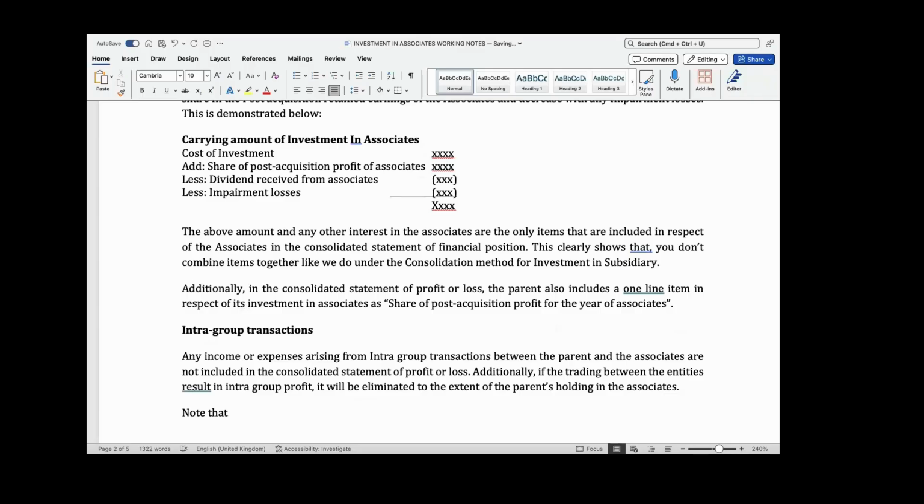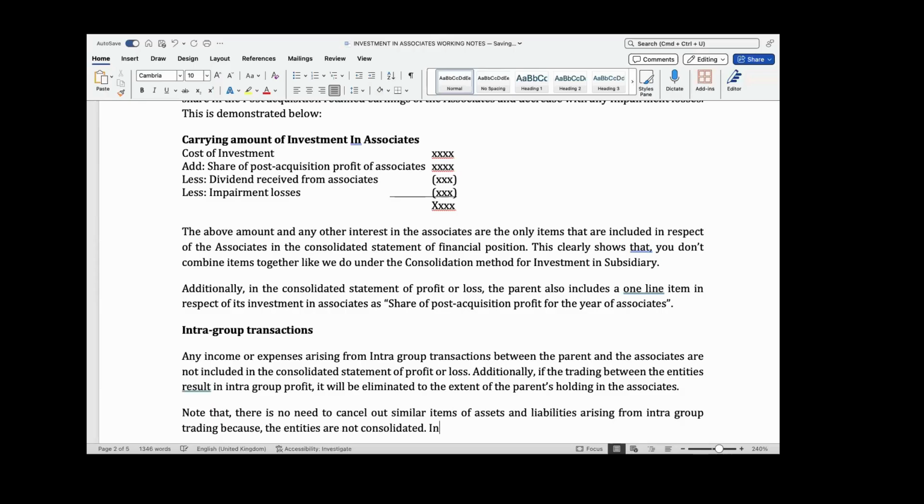Know that there is no need to cancel out similar items of assets and liabilities arising from intra-group trading, because the entities are not consolidated.